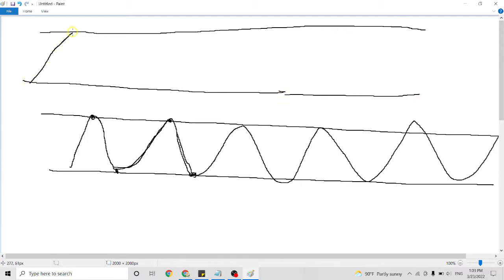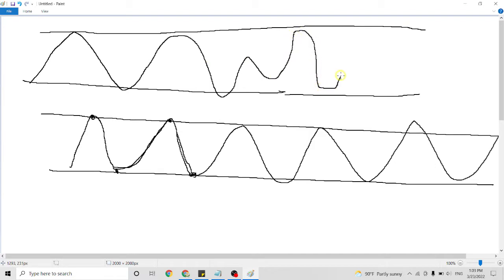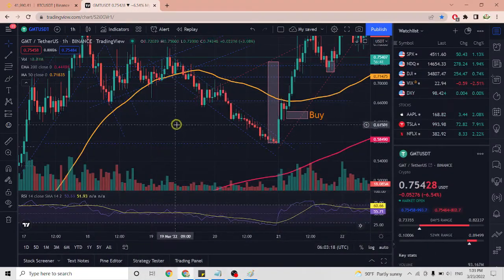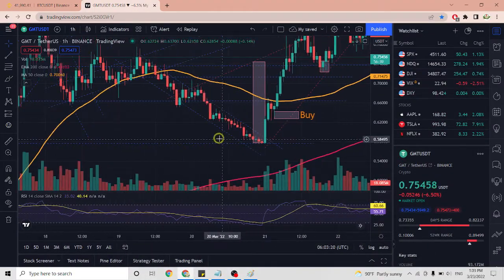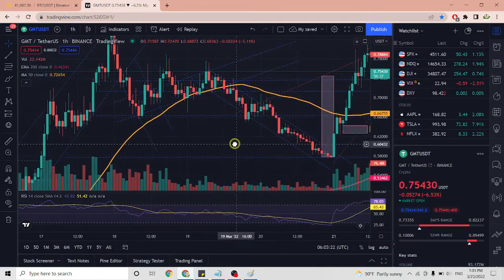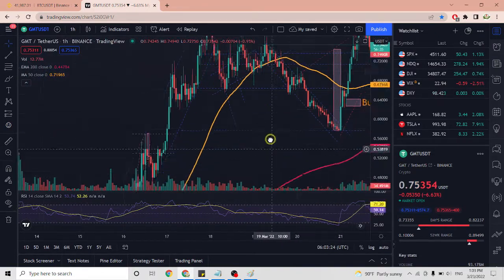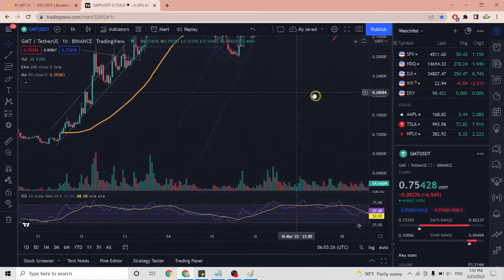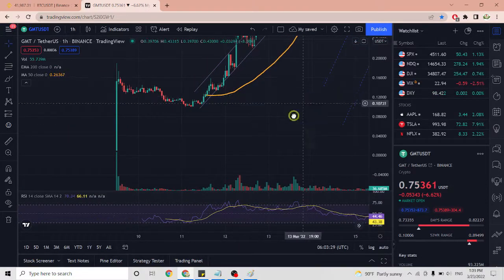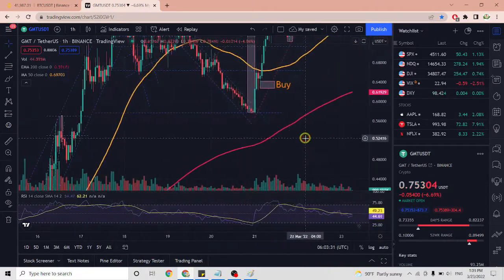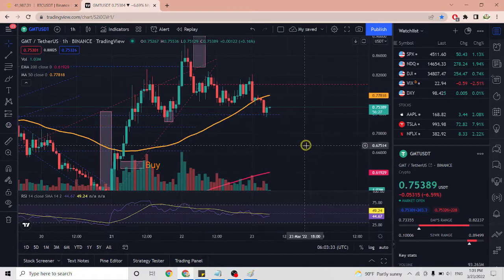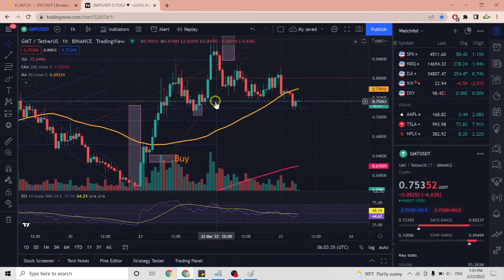Sideway. Come up here, like this. That's called sideway. Okay. Look at our example. See here, this is sideway, yeah.